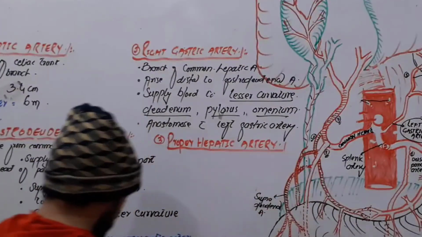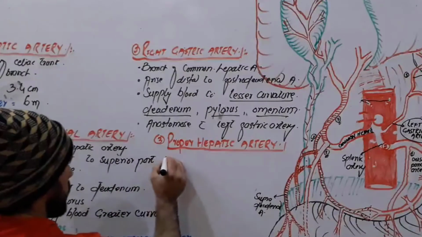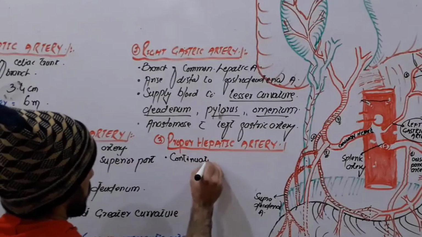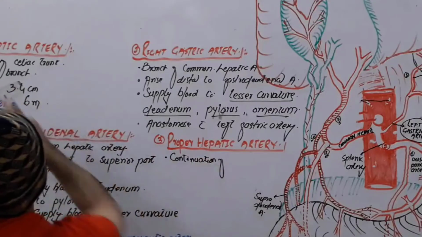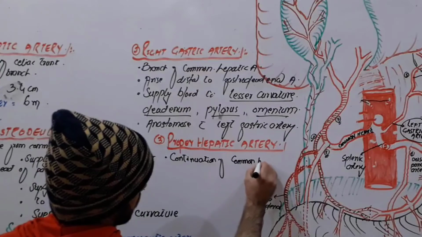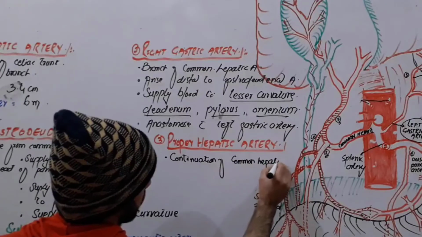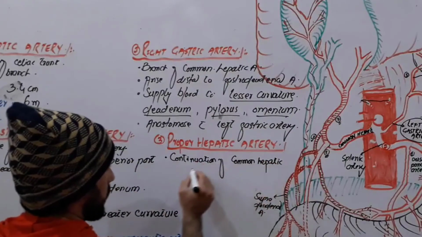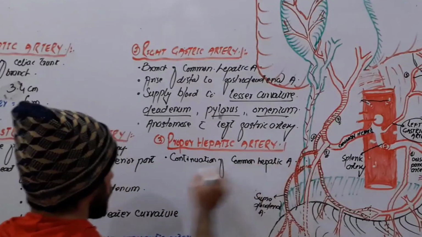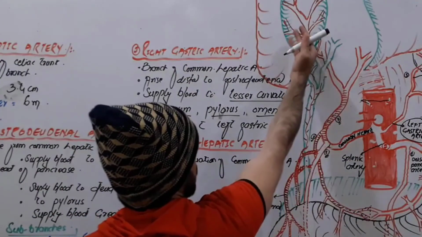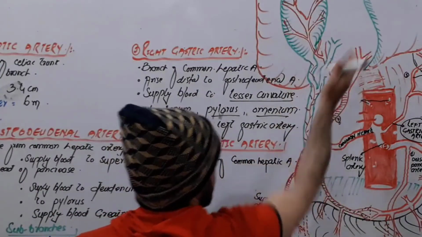This proper hepatic artery is the continuation of the common hepatic artery. When the common hepatic artery further continues, then it makes the proper hepatic artery. Okay, it supplies blood to what? You can see here it supplies blood to the gallbladder and to the liver.